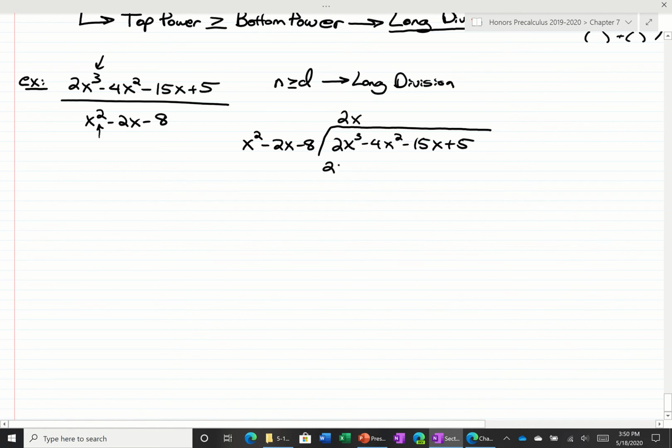We'll get 2x to the third minus 4x squared minus 16x. We'll change the signs. Remember, we always subtract at this stage. And we'll get no x squared, but we will get just an x plus 5. All right? So the way this is going to work is we always write the whole part plus the remainder over the divisor.